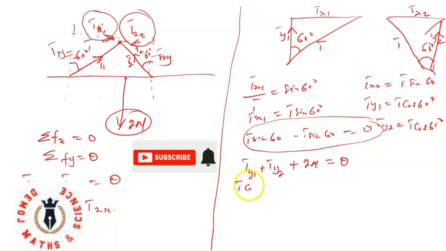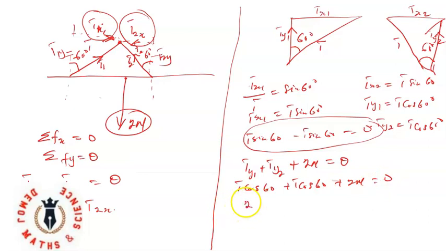So T cos 60 degrees plus T cos 60 degrees plus 2 Newton is equal to 0. Now I have 2T cos 60 degrees equal to minus 2 Newton, because 2 Newton is in the opposite direction, so the magnitude is 2 Newton.